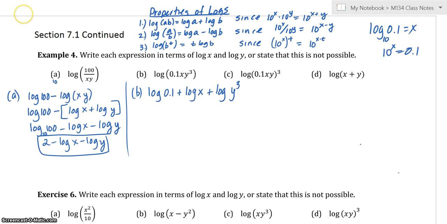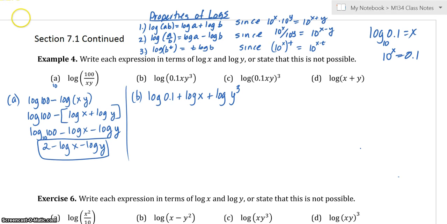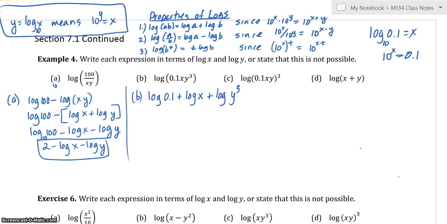So what I'm doing here, I'm using the definition of log, meaning y equals log of x means, different than the properties, there's a 10 here, 10 to the y equals x. So that's the definition.